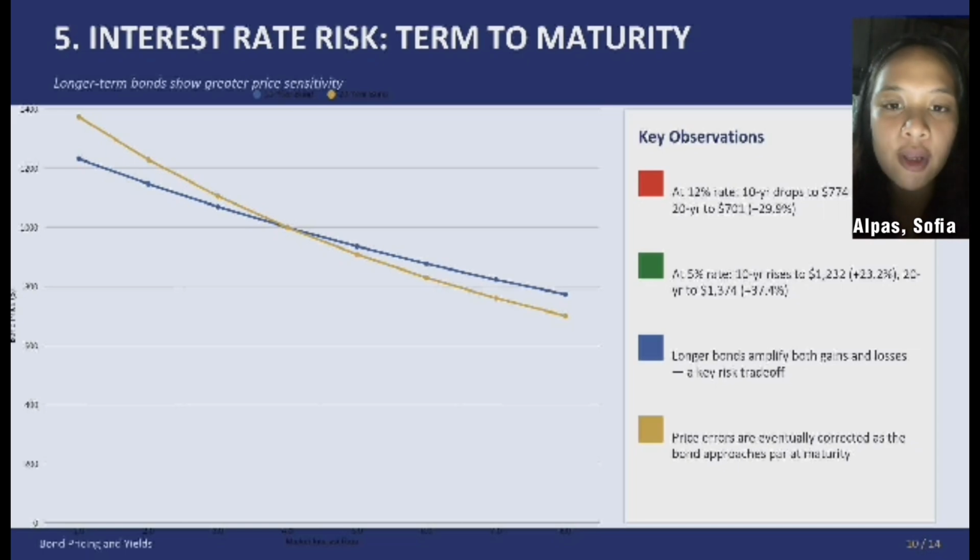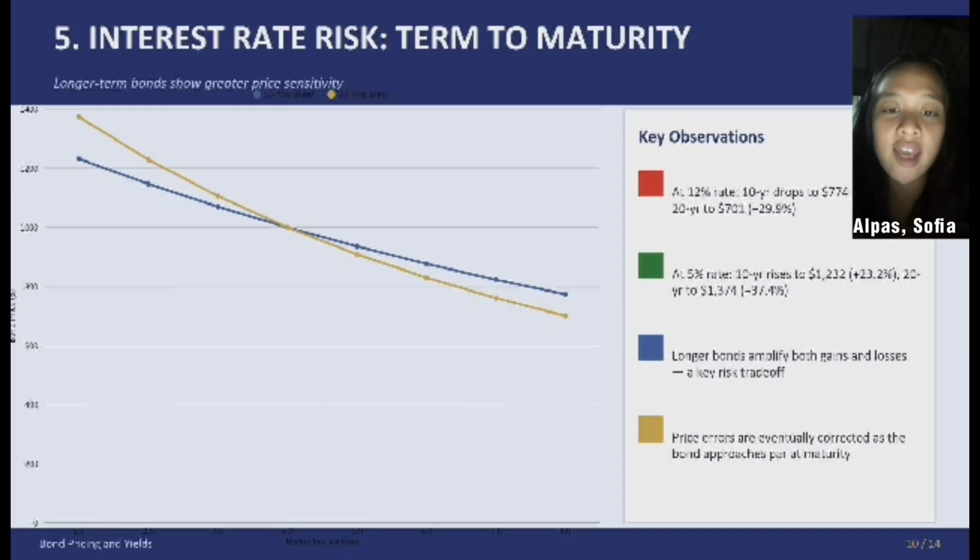For example, at a 12% market rate, the 10-year bond falls to $774, while the 20-year bond drops even lower to $701. This means the longer-term bond experiences a bigger loss.